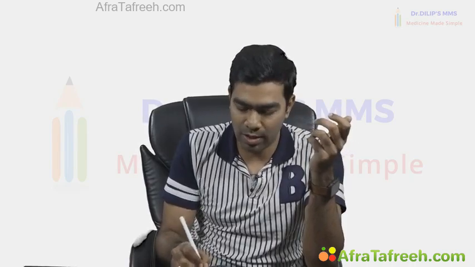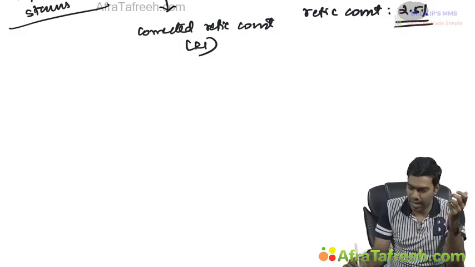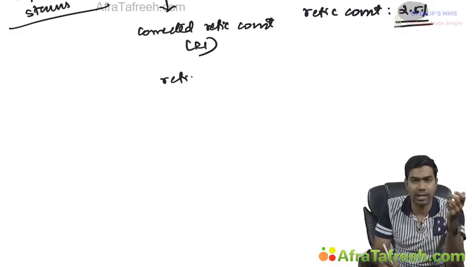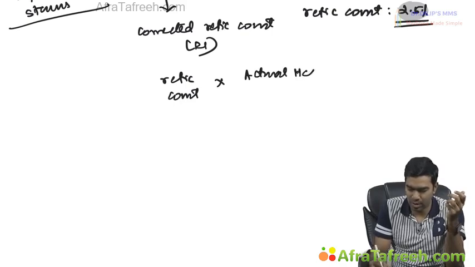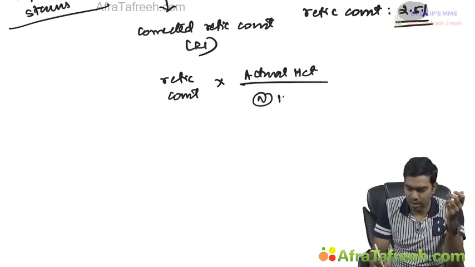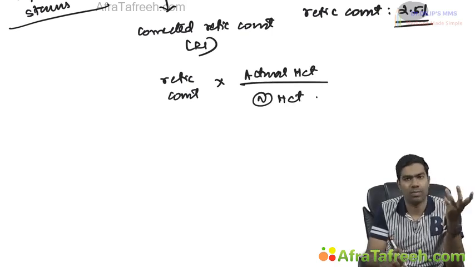You take the actual reticulocyte count you get in the peripheral smear multiplied by the actual hematocrit of the patient, divided by the normal hematocrit, which is very important.